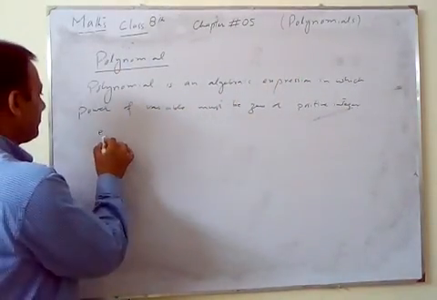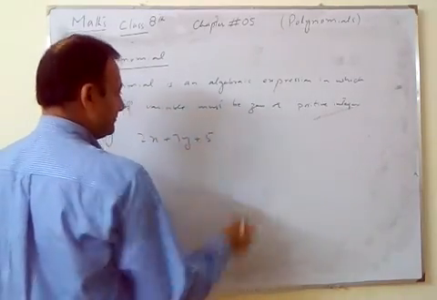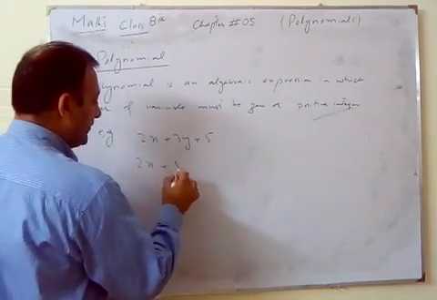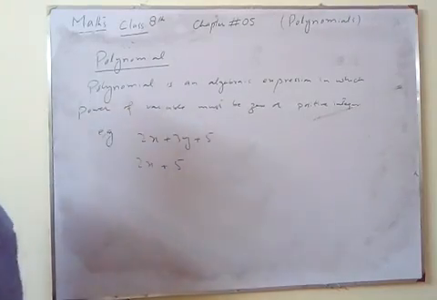For example, 2x plus 3y plus 5, or if I write 2x plus 5. These are examples of polynomials.